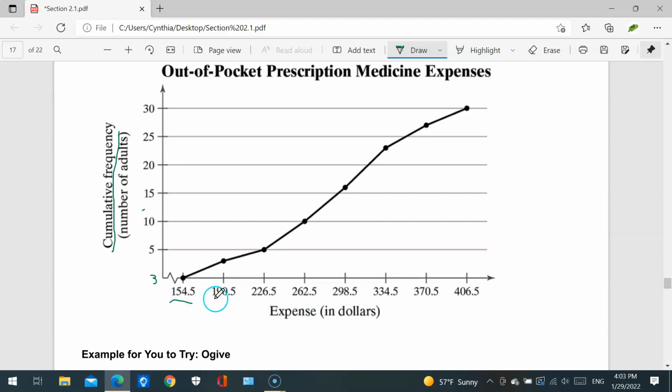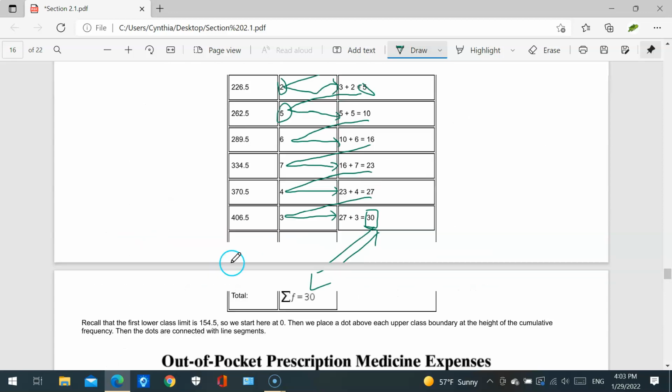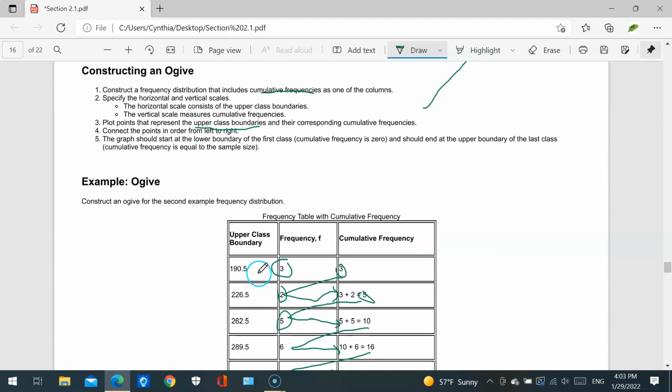So the upper boundary starts from 154.5, and then we have upper boundary 190.5. So label those points, the upper boundary, and then you label the cumulative frequency. It starts from 3, right? 190.5, that's the upper boundary of the first class. The cumulative number was 3.